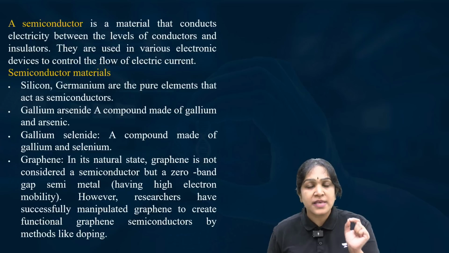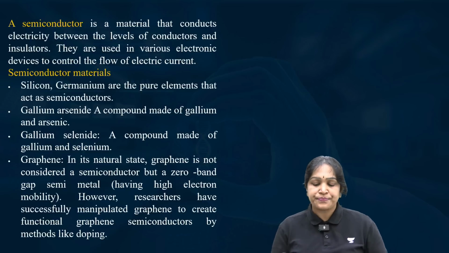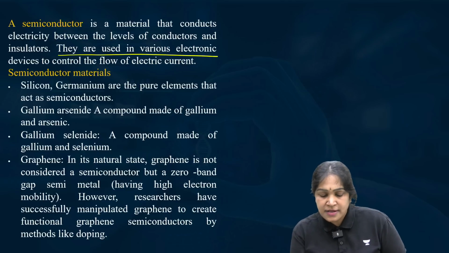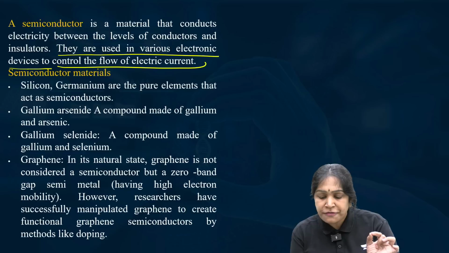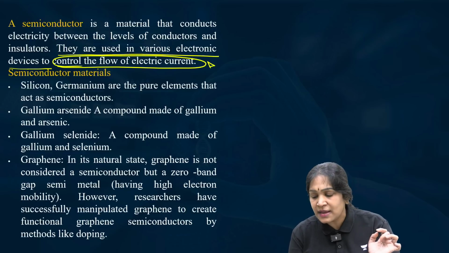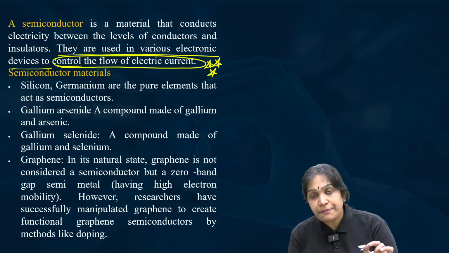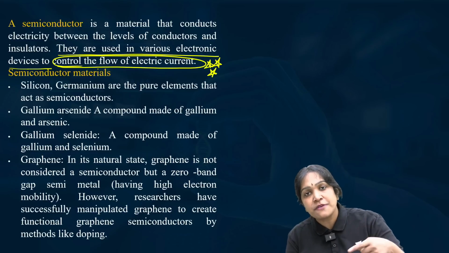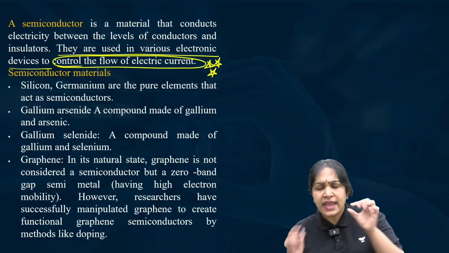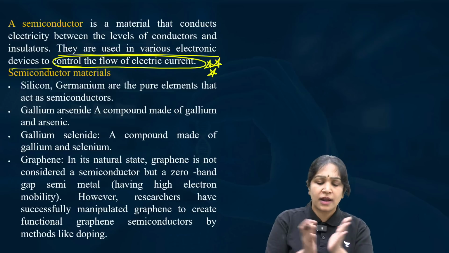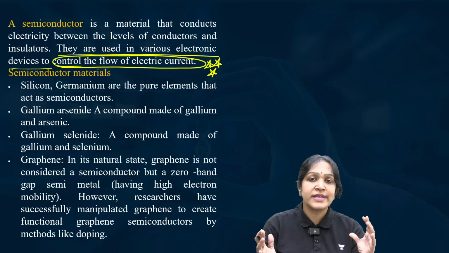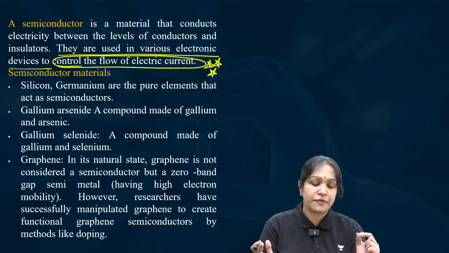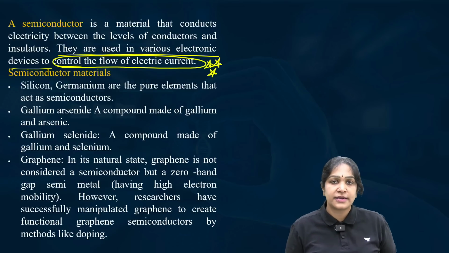What is the role of semiconductors in electronics? They are used in various electronic devices to control the flow of electric current. This is the main principle, the principle of all applications of semiconductors. Any device in which you need a controlled flow of electricity, we can use semiconductors.